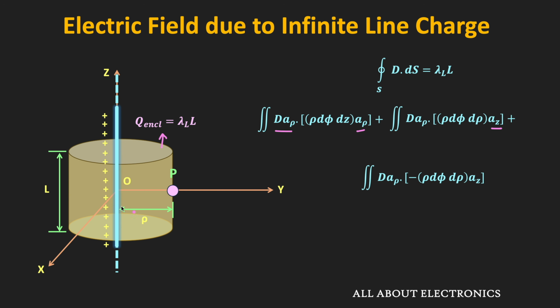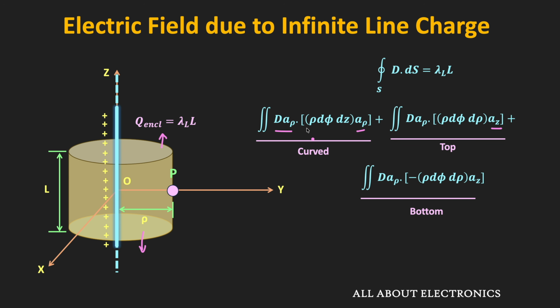While for the bottom lid, if you see, then the dS will remain the same, but this area vector will point in the minus z direction. So that is why here we have the negative sign. So in this way, we have the three integral terms for the three different surfaces. One is the curved surface, and the other two are the top and the bottom lids of the cylinder.